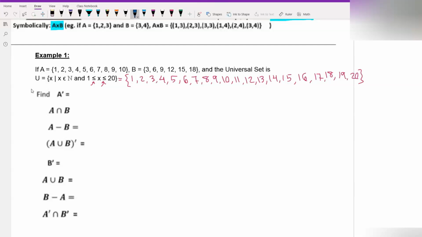So I shouldn't have these. What's left is starting from 11 up to 20. That is the answer for A prime or complement of A. Universal set minus A. So this way you can see what we did.